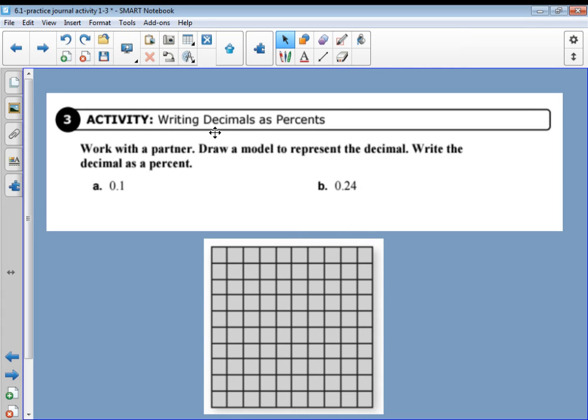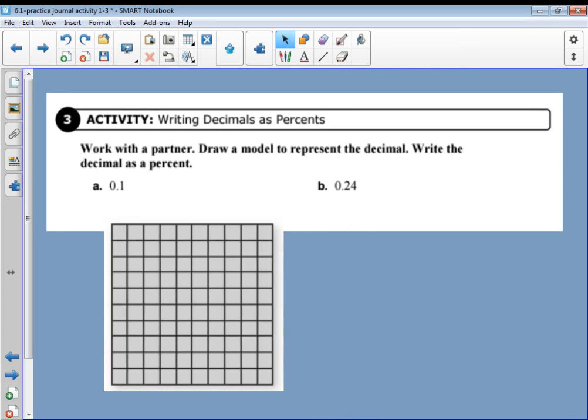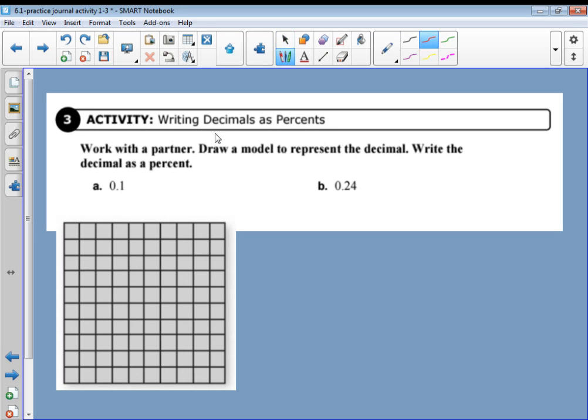So let's just do one more. I will give this as an example. So if I had 0.152, this is kind of harder, but I have the 1 in my tenths column, the 5 in my hundredths column, and the 2 in my thousandths column.